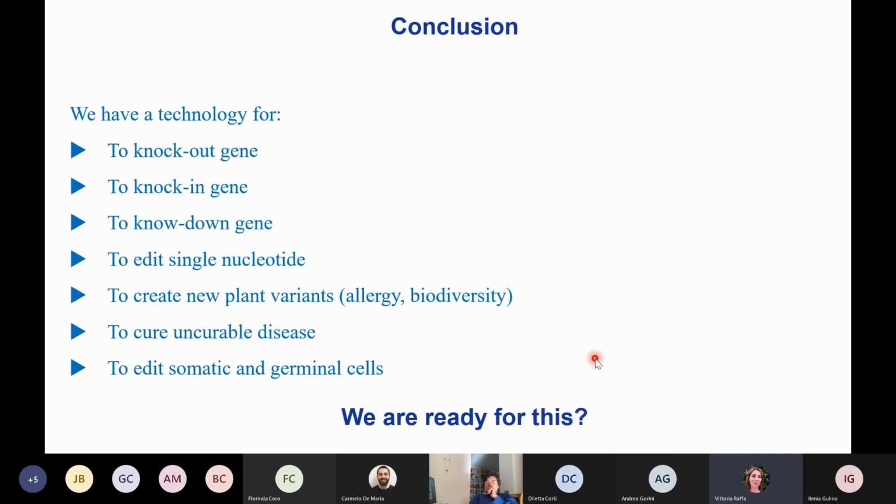So, time for the conclusion. We have the technology for knocking out a gene, knocking in a gene, knocking down a gene, and editing a single nucleotide, which means replacing one base with another base. We can create a new plant variant, but of course, if we create a new plant variant, we should also consider issues such as allergy and biodiversity.